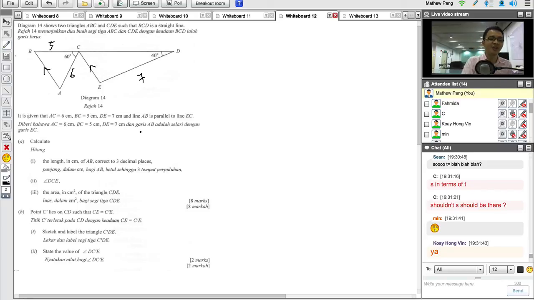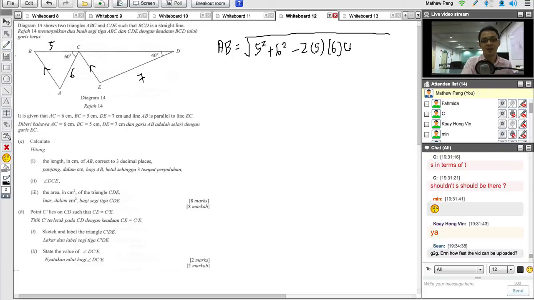Find the length of AB to 3 decimal places. So we just use the cosine rule. AB will equal the square root of 5 squared plus 6 squared minus 2 times 5 times 6 times cos 60.